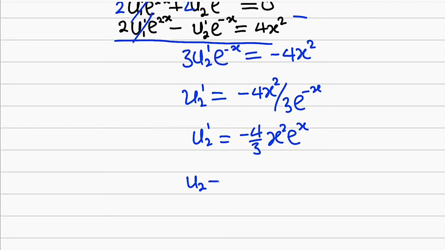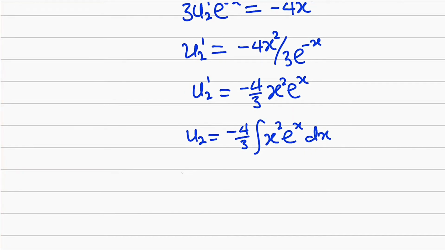Therefore, u2 will be equal to negative 4 over 3, the integral of x squared e to the x dx. The same thing, I'm not going to show you the step-by-steps. Rather, if you want to learn more about integration by parts, you can check the link in the description below.